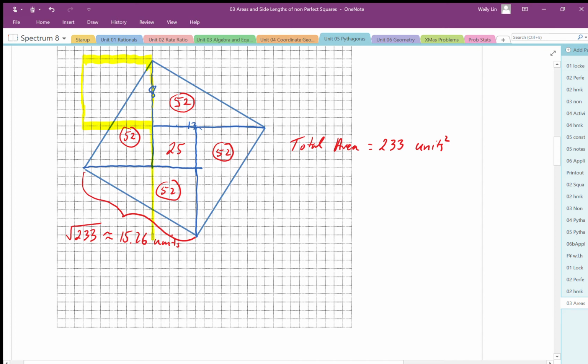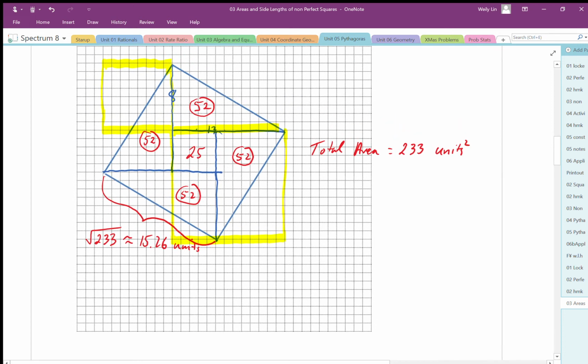So make a square like this. They said something about these two squares, and somehow they said that it adds up to the square of that blue square you see. So those two yellow squares make up the blue square.